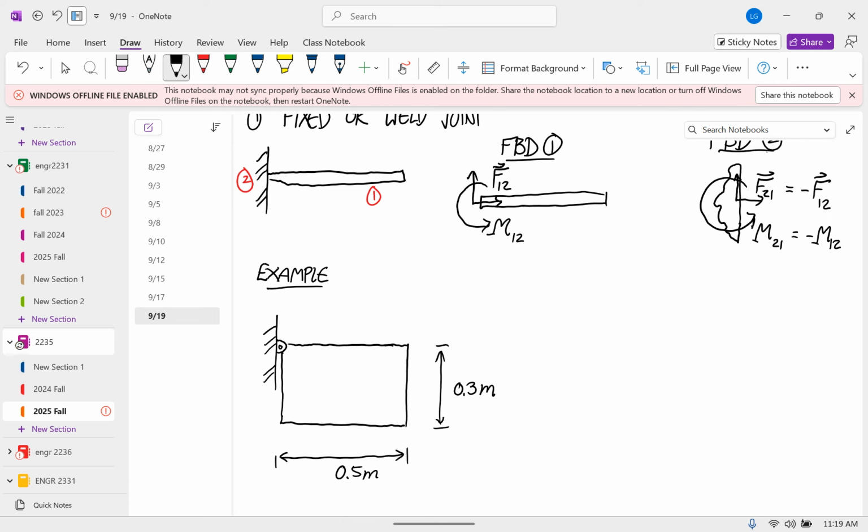And there's a cable connecting this corner to the ceiling. Did I give an angle for that? So let's say that this angle is 45 degrees. And let's say the mass of this thing is 50 kilograms.